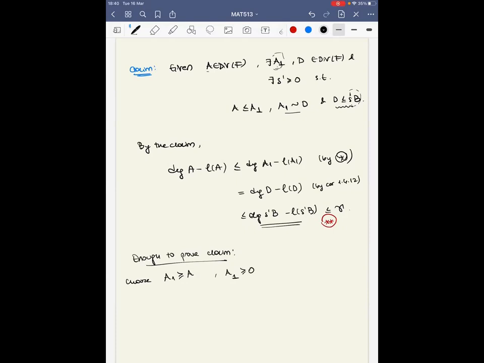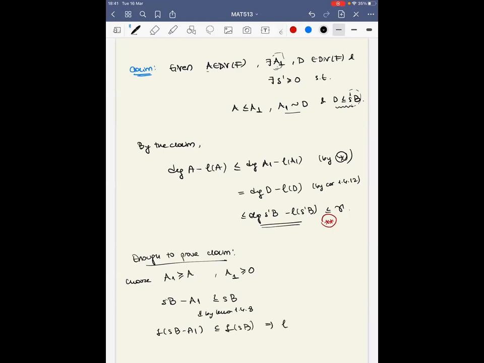And for the positive integer S, let me also observe that the divisor SP minus A1 is less than or equal to SP. Again, by lemma 1.4.A, we know that the L space of SP minus A1 is contained in the L space of SP.